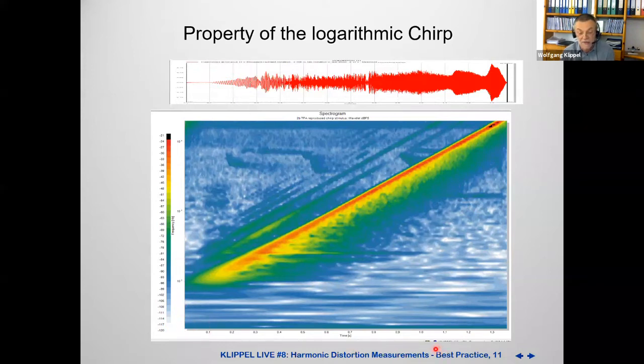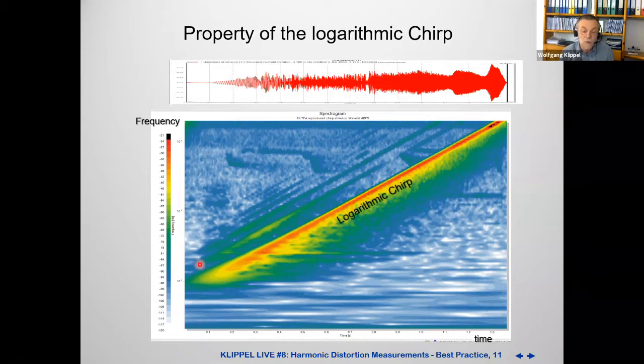That's the time axis here, about 1.3 seconds. And here we have almost 3 decades of frequencies: 100 Hertz, 1 kilohertz, 10 kilohertz. The color is more or less the amplitude. This is analyzed with wavelets, so we have a very good resolution at high frequencies.